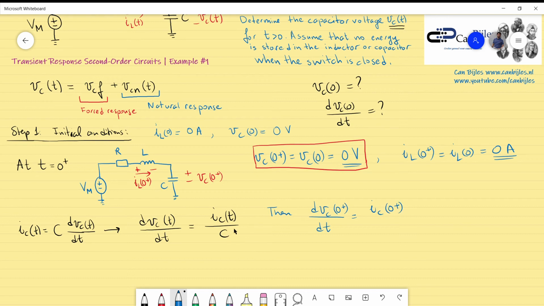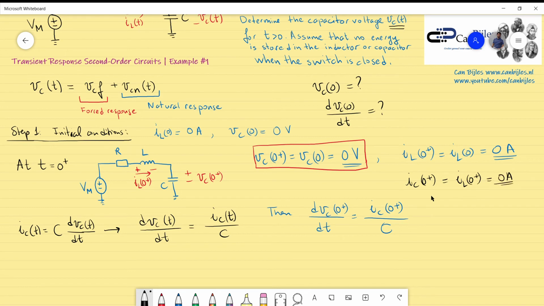The derivative of the capacitor voltage at 0 plus is equal to the current of the capacitor at 0 plus divided by the capacitor value C. But what is actually the capacitor current at 0 plus? That is also equal to the inductor current, because that will not change instantaneously. So IC at 0 plus will be IL at 0 plus, and that will be also 0 ampere.